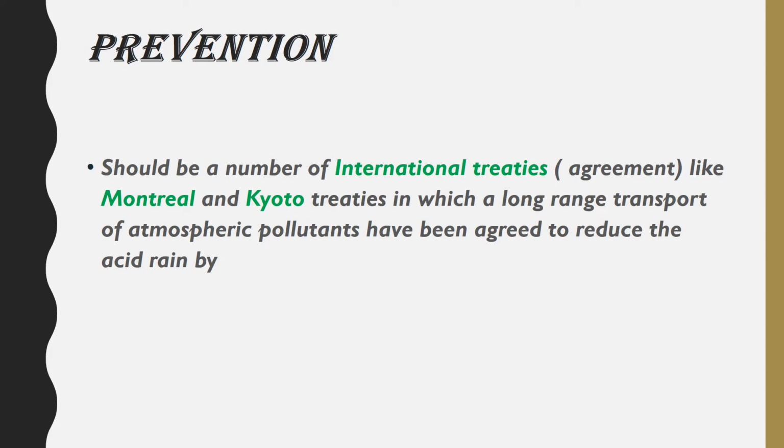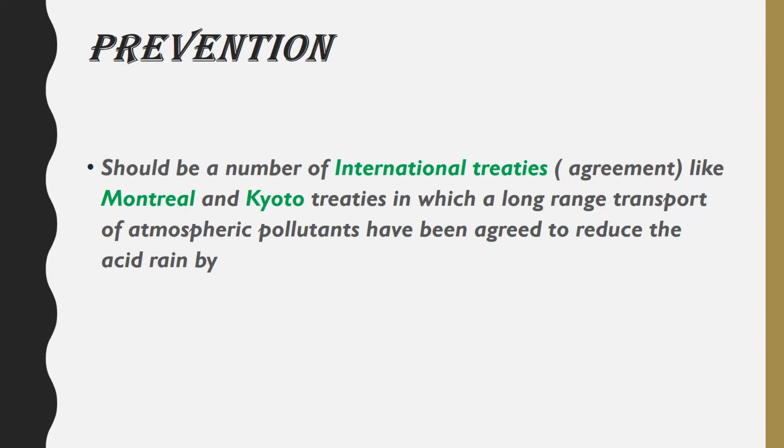International treaties, a term used for agreement between two countries or two cities on international level, like Montreal and Kyoto. They are two countries. Sorry, they are two cities.